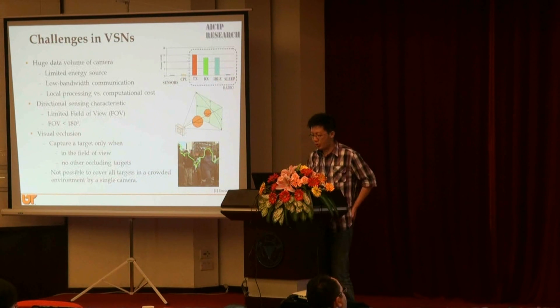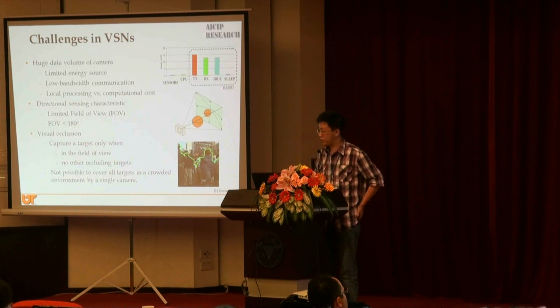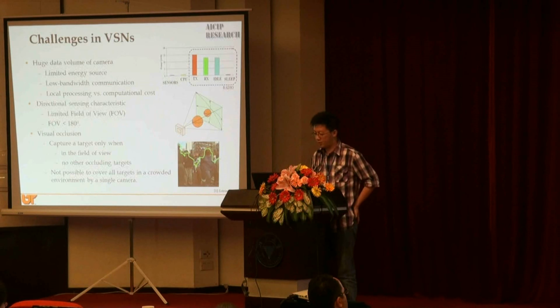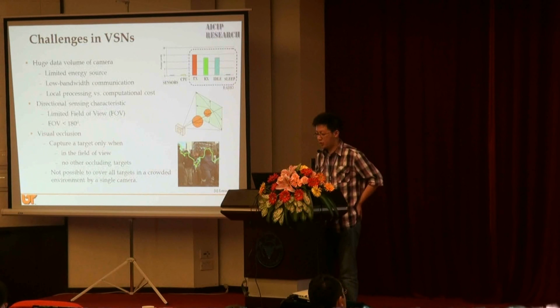There are many challenges. The first challenge is the huge data volume of cameras, but there are limited energy sources and low communication bandwidth. So we need to trade off between local processing and the computational cost.